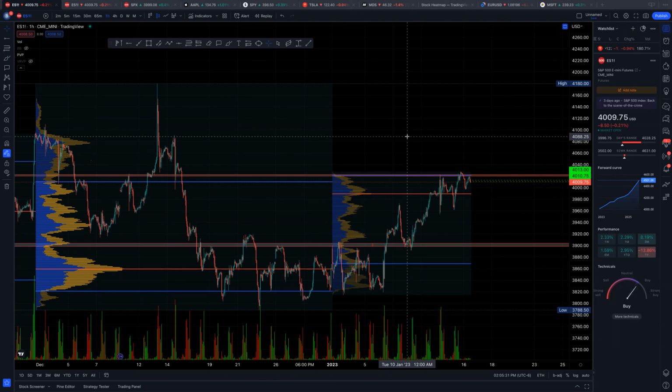So I would recommend using it on SPY and ES, and maybe stocks like Apple, Amazon, Tesla. I like to use it on other stocks like the big tech stocks. It really comes down to what you like to use it on.